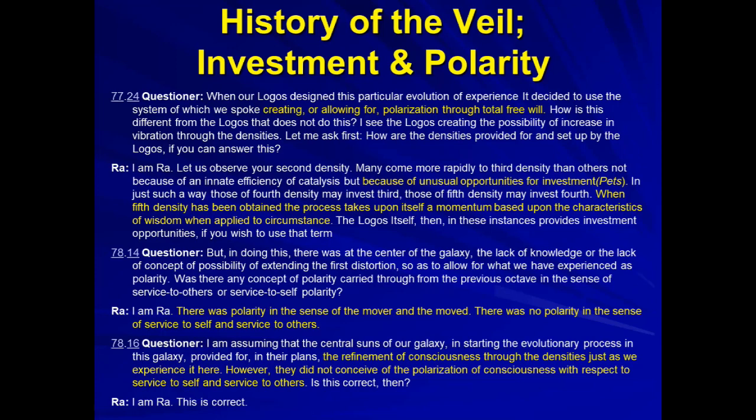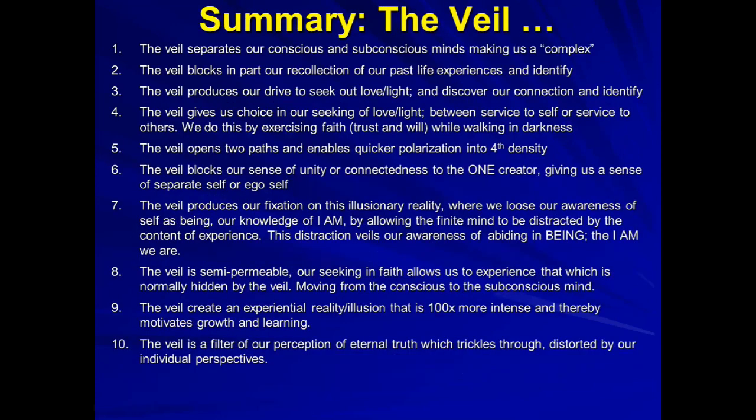Even if it's not purposeful, there's a lot of concepts that we've built up, belief systems that have nuanced incorrectness all through them. Very much part of what third density experience is. All of that is a result of the veil. In fact, we'll look at that in just a minute. This is the final slide. It talks about the 10 things that the veil does for us and gives us, but we'll do that in a minute. So yeah, again, discernment is a key lesson that we have in third density.